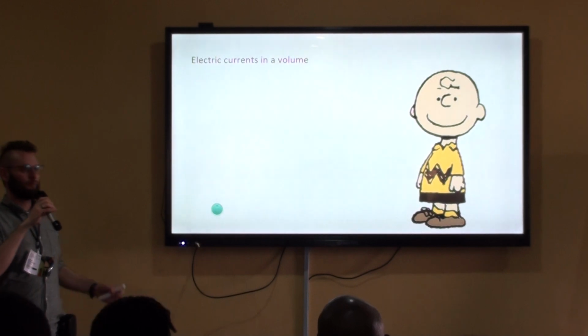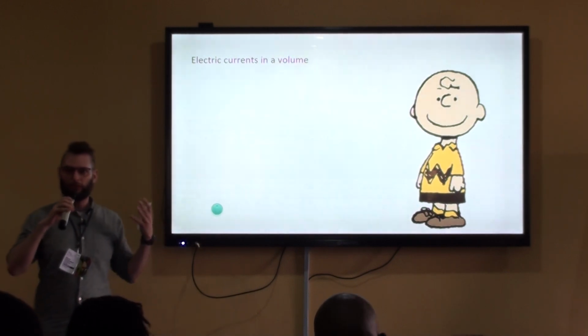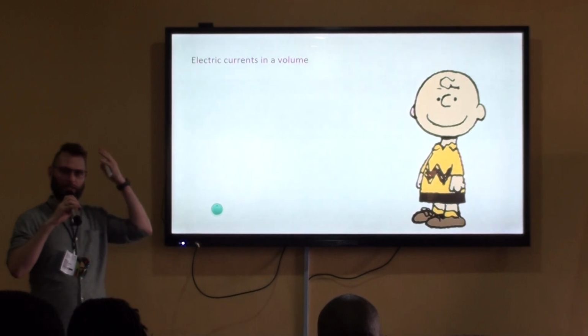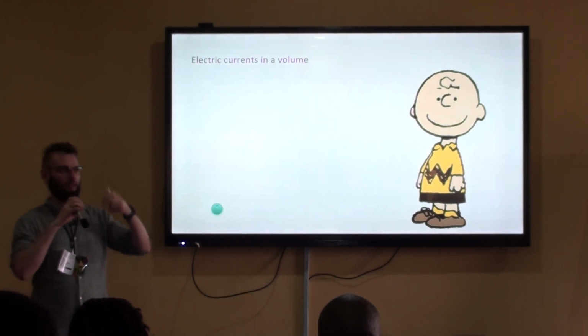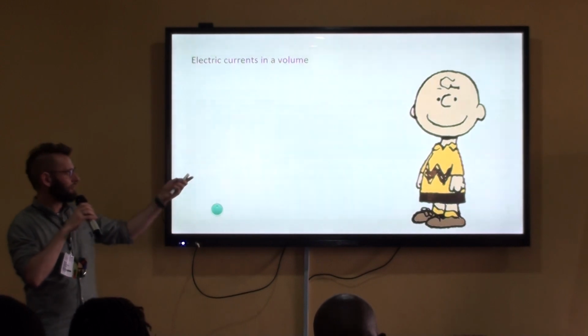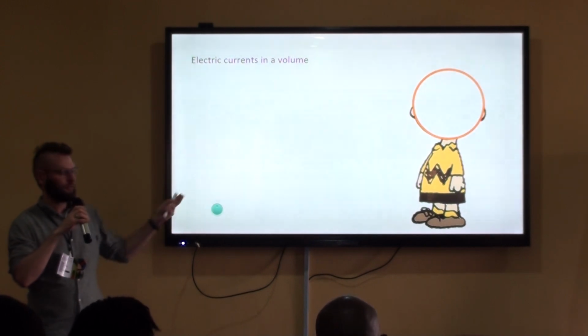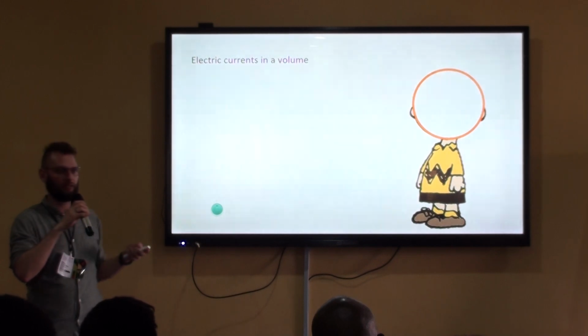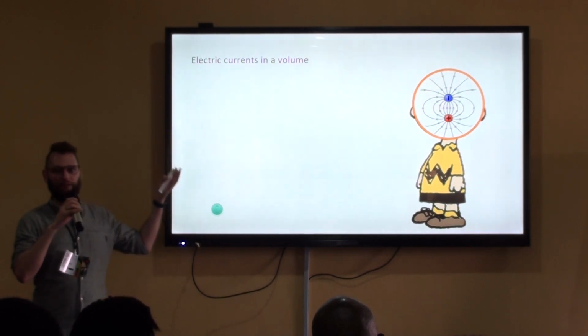Right. So the electric currents, this should come as no surprise, are happening inside the head, and the head we can kind of imagine as a sphere. So for this participant, we could say that this volume here is representing the head with everything inside it, and then we have the electric field.